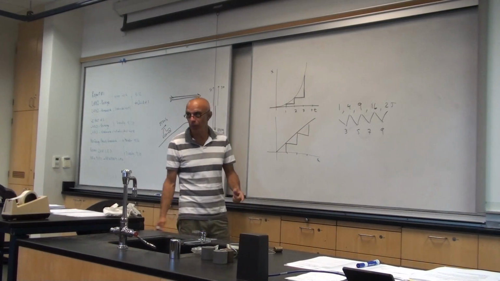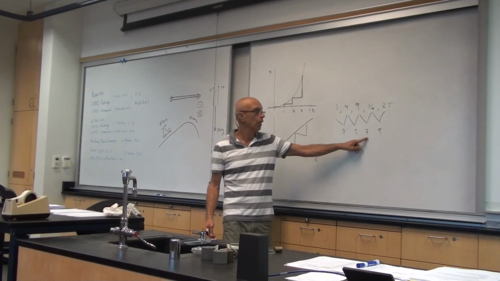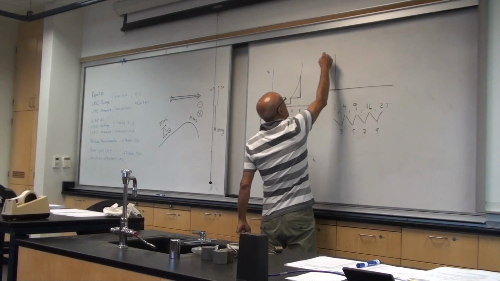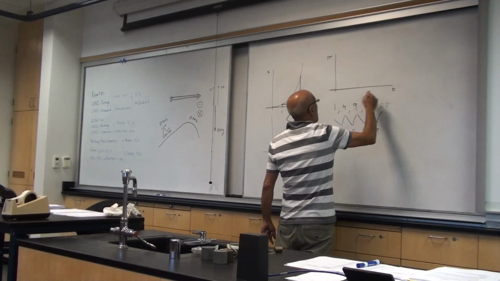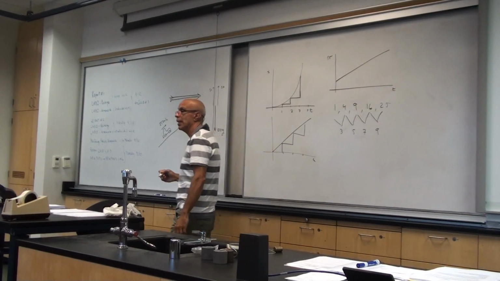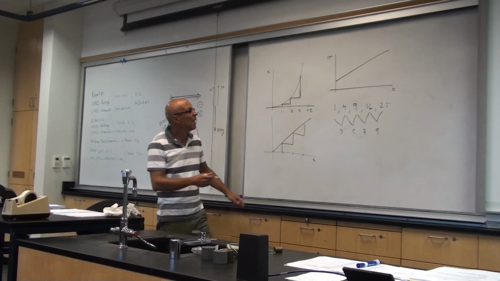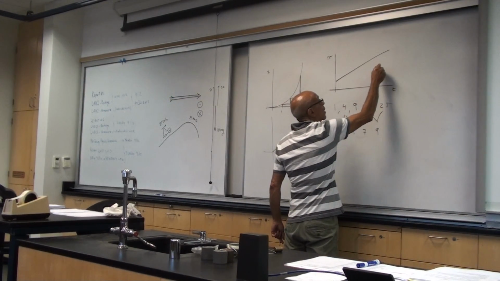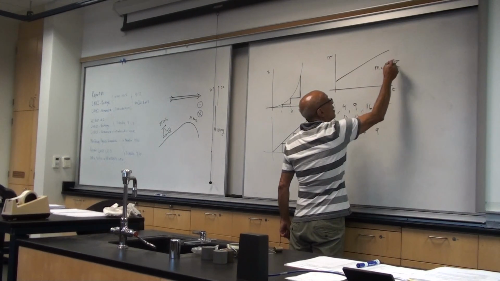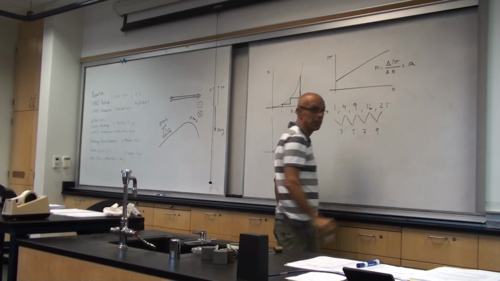So let's see what that means now. Now the change here is changing at a constant pace. So if I graph the speed and time now, I'm going to see this is a straight line, okay? And here the slope is going to be, and that is called the acceleration, right?